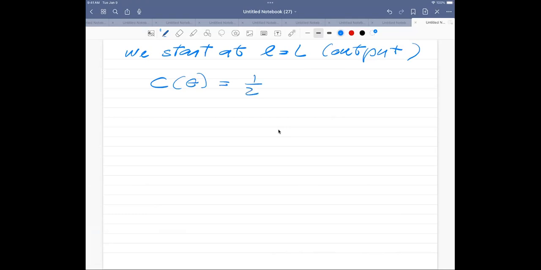So we have defined the cost function to be the mean squared error. And this is now going to be given by the output from node i minus the target value squared. So this a_i^L is the output from node i in the last layer. So this is the output which our network produces.